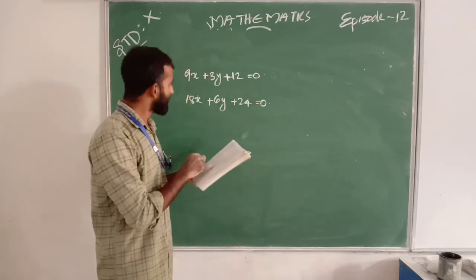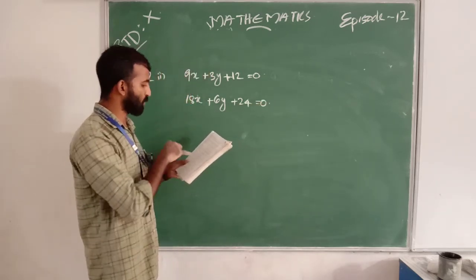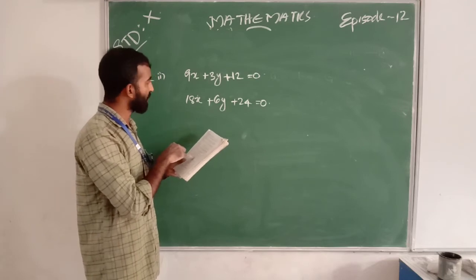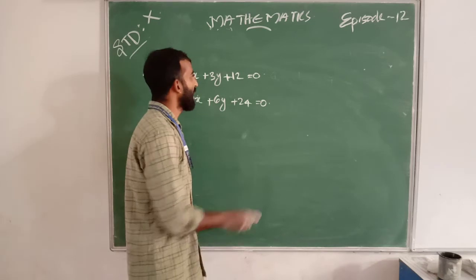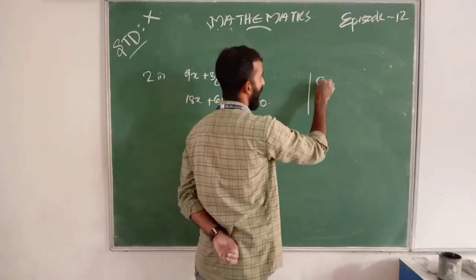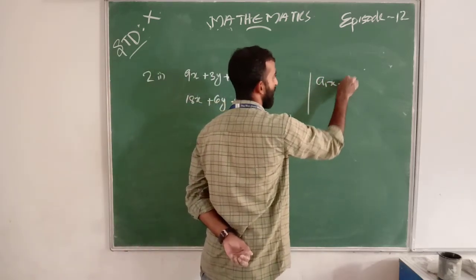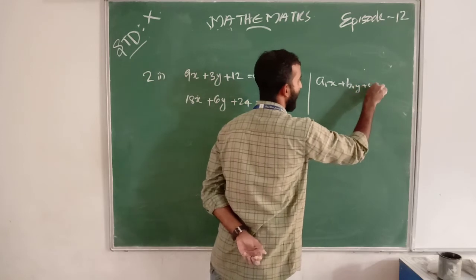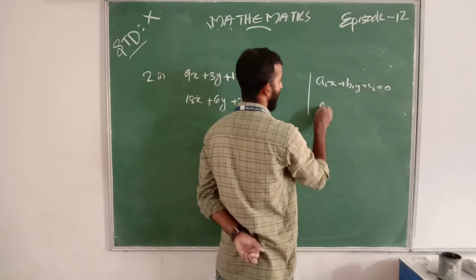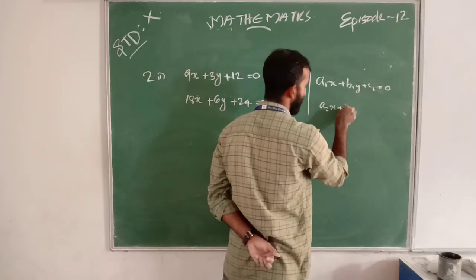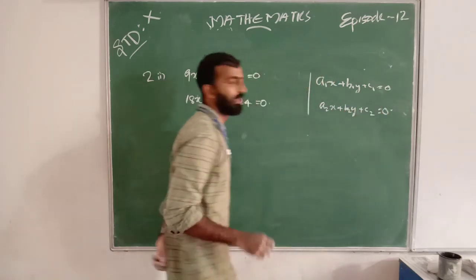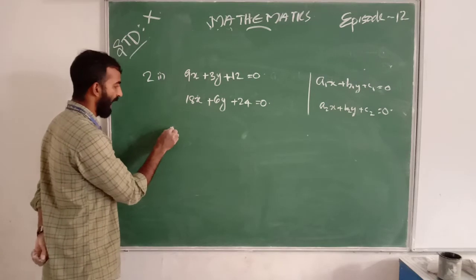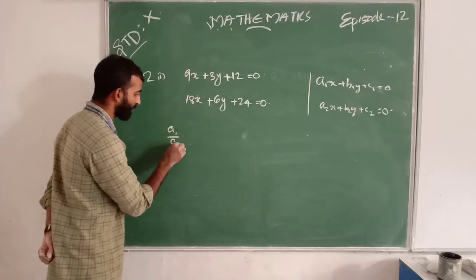Here also a1x plus b1y plus c1 equal to 0 and a2x plus b2y plus c2 equal to 0. We want to compare a1 by a2.